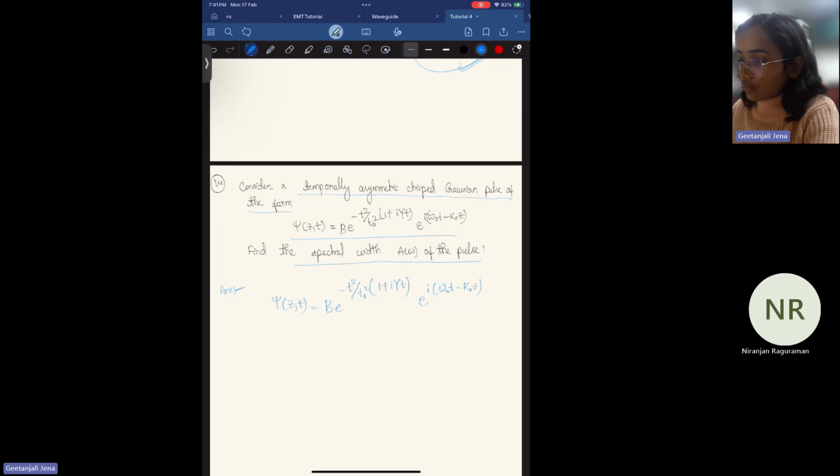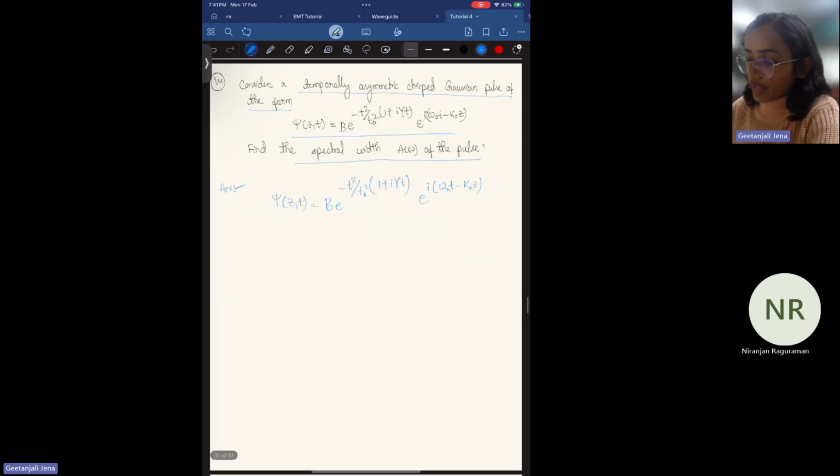And if you recall how you can calculate A of omega when you are given psi of z,t, the formula is A of omega equals 1 by 2 pi, integral from minus infinity to infinity of psi of 0,t e to the power minus i omega t dt.